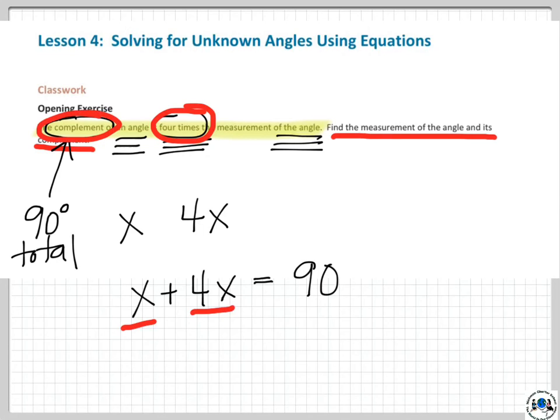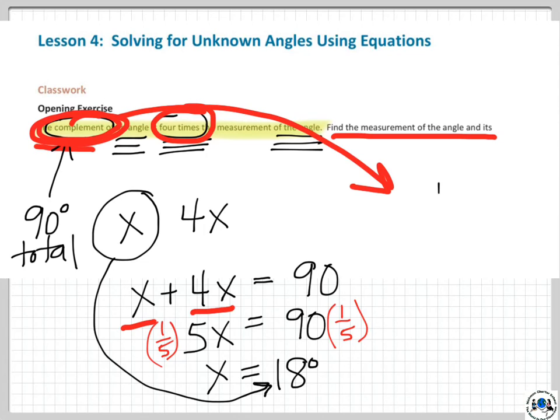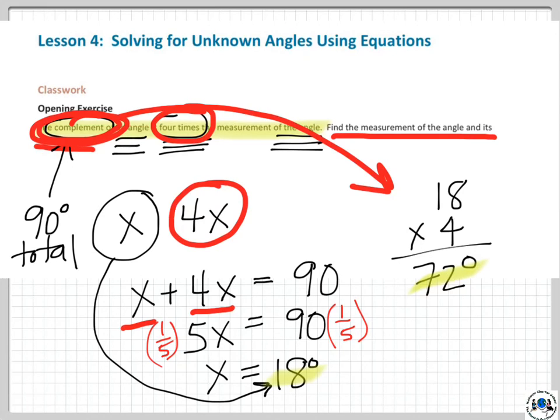Then we continue: 5x equals 90, and using the multiplicative inverse, we have x equals 18 degrees, so that x is the measurement of that angle. That's one of those complementary angles, and the other one we figure out by multiplying that 18, or that x, times 4. So we have 72 and 18, and they do equal 90, and therefore they are complements of each other.